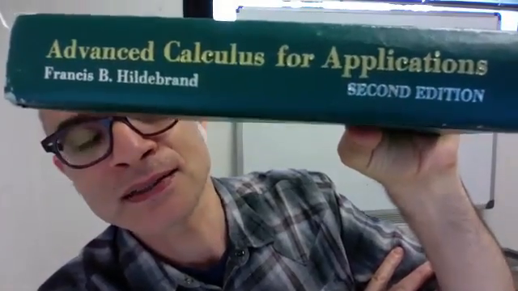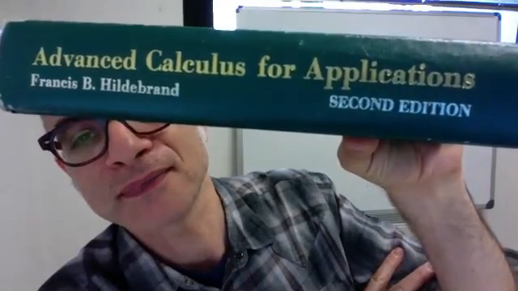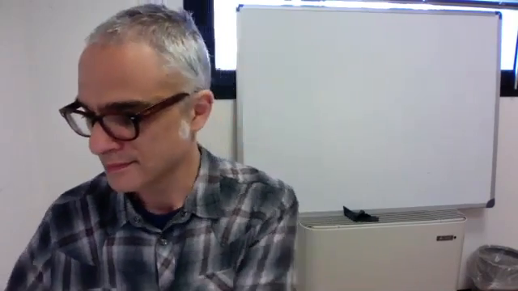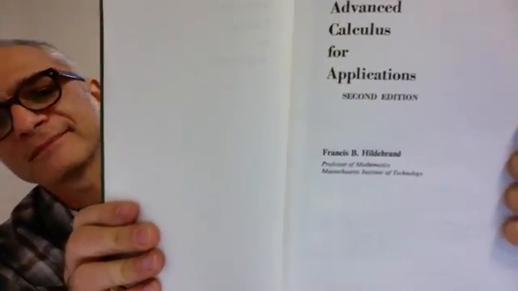Open the chat. You can always email me later and ask me what was that book, and I can even send you a PDF. All right. So the author is Francis B. Hildebrand, Professor of Mathematics, Massachusetts Institute of Technology. Okay. Thank you.